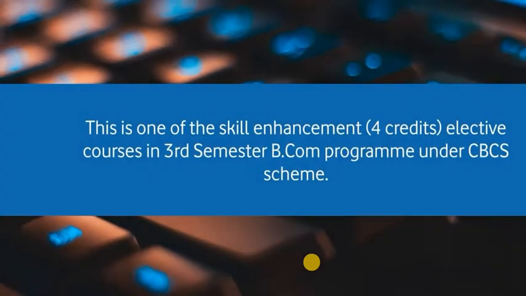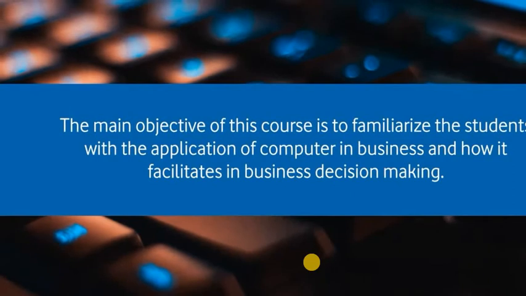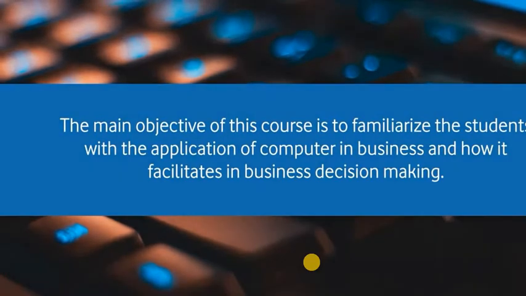So this is basically a skill enhancement course, and this is one of the skill enhancement 4-credit elective courses in the third semester of the BCom program under the CBCS scheme, and the main objective of the course is to familiarize the students with the application of computers in business and how it facilitates in taking decisions.